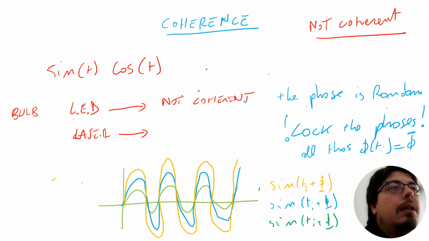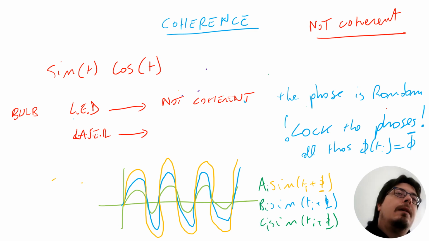The amplitude can be different, A i, B i, C i, doesn't matter at the moment.